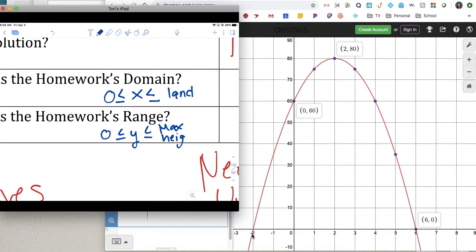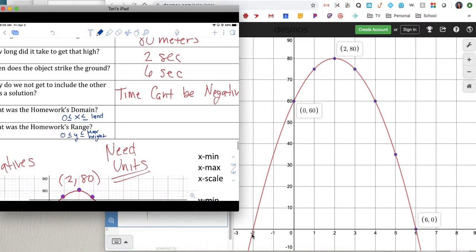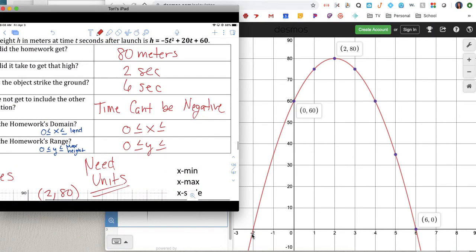You already have both those numbers, guys. They're in your answers, okay? So if I look back on these, I basically can go ahead and fill out the zeros, the less than or equal to's, the x, y, less than or equal to's, okay? The only thing I have to borrow is my landing time and my maximum height.